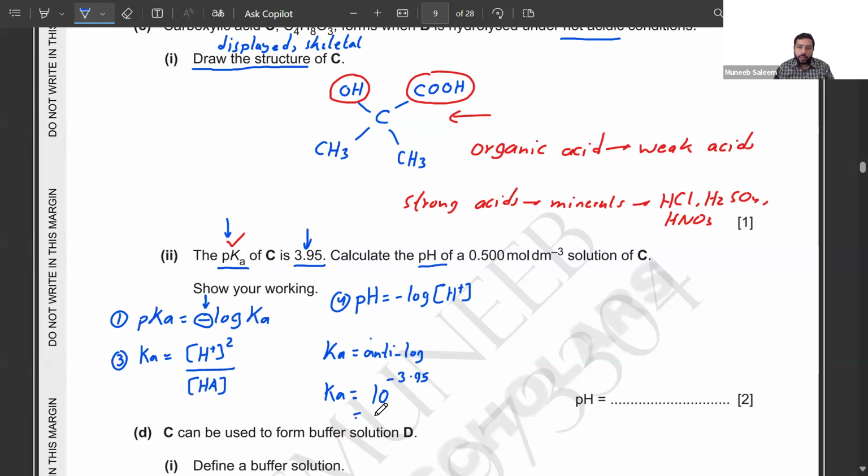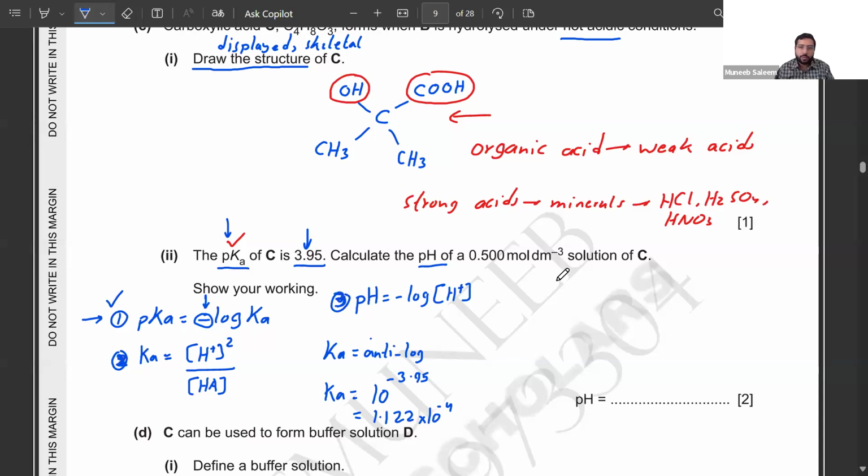When you calculate this value on the calculator, you should get 1.122 into 10 to the power minus 4. Now this is the answer of Ka. All right, now we have completed the use of the first formula. Now we go with the second formula, and this is the third formula.